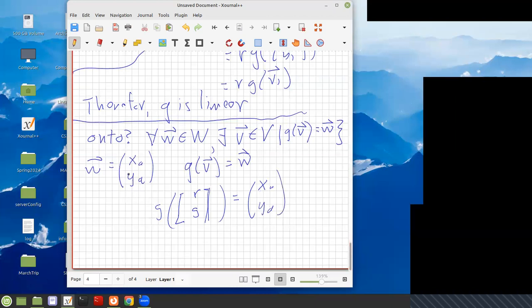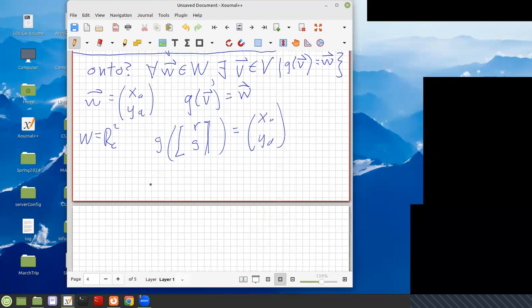We want to say, okay, I choose an arbitrary vector. The codomain is R2. This is an arbitrary vector X and Y in the codomain. We want to know, can we get to this one from some vector in the domain? We have to find an R and S such that this is true. Well, we know what the image of this vector is.